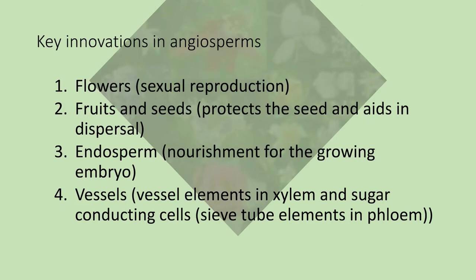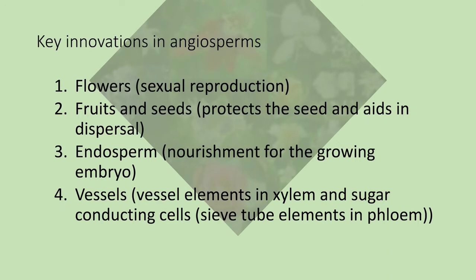Within each seed is a nutritive substance referred to as endosperm. And so this is nourishment to help the growing embryo, really helps with germination and boosts the successfulness of germination.